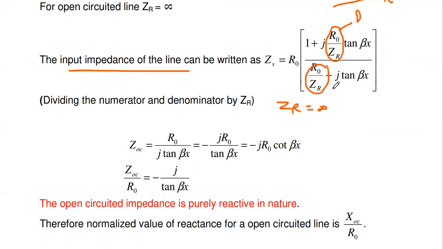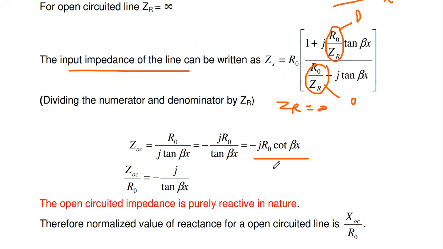Similarly, this term also becomes 0. So finally, we get the open circuited impedance equal to R naught. In the numerator, only 1 is available. In the denominator, j tan beta x is available. So R naught by j tan beta x. 1 by j can be written as minus j, so minus j R naught by tan beta x. 1 by tan beta x can be written as cot beta x. So the open circuited impedance is equal to minus j R naught cot beta x.